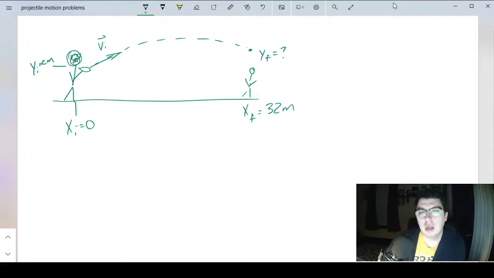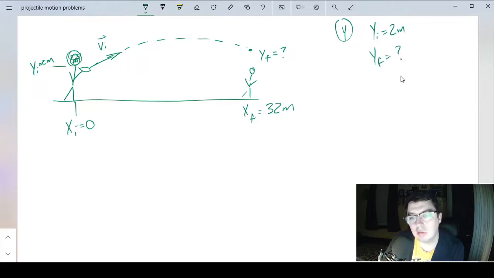So in the y direction, the values that I know: y initial is 2 meters, y final is what we're asking for. I do know my acceleration. We're back on Earth, so we have negative 9.8 meters per second squared. And I do know my initial y velocity.